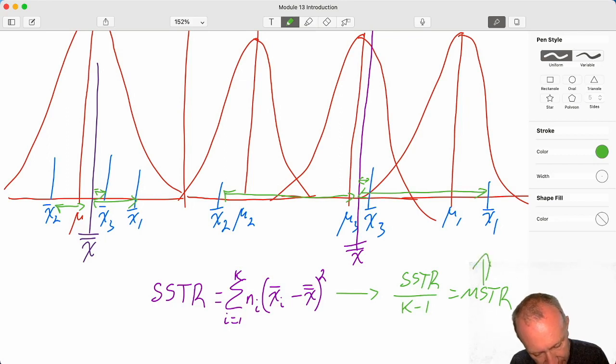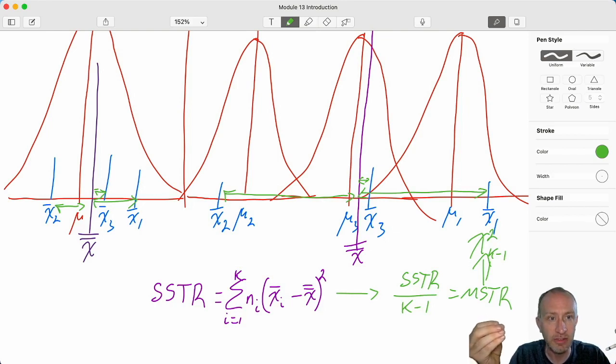This is, of course, a chi-squared variable with k minus 1 degrees of freedom.